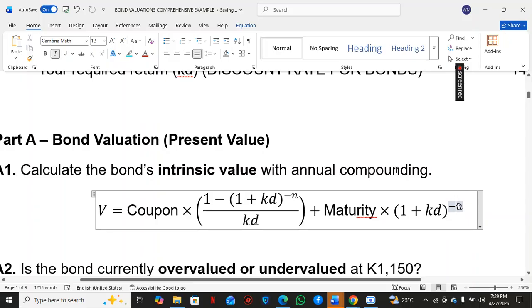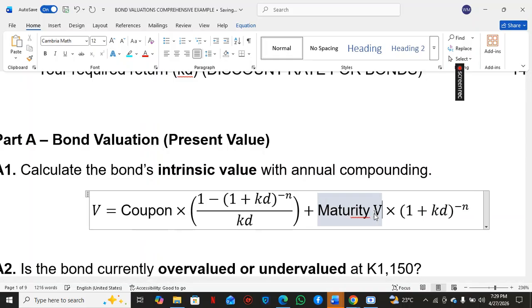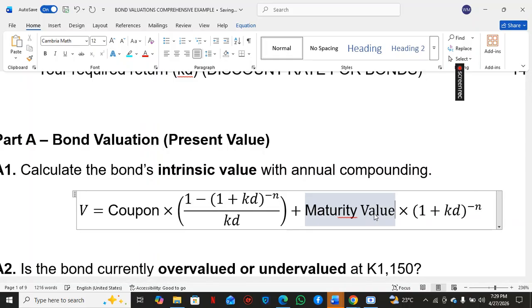As I said earlier, the logic here is that the value of the bond is the present value of all the future money that you're going to receive from the bond. The future money is the interest payments, which is why we multiply by an annuity factor, and the par value that will be paid when the bond matures.